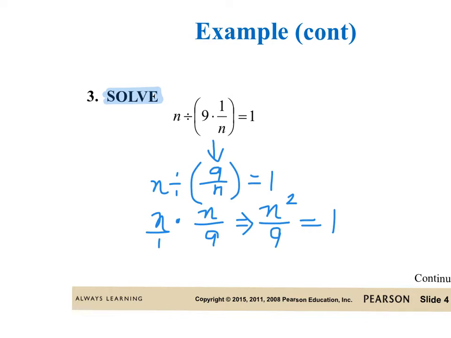So if we multiply both sides times 9, 9 times n squared over 9 is equal to 9 times 1.